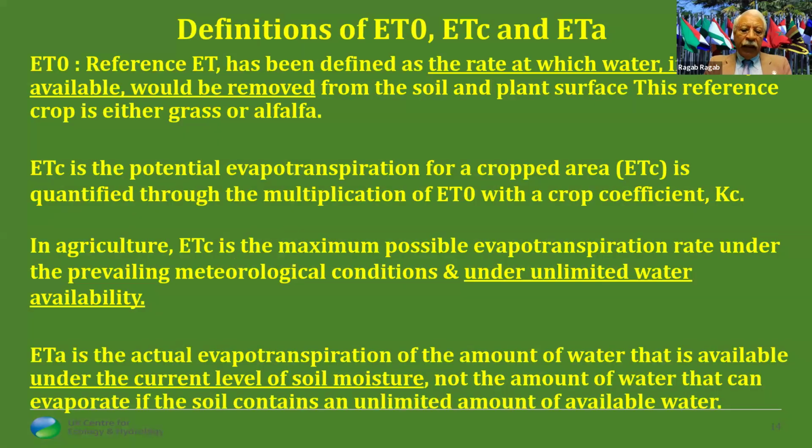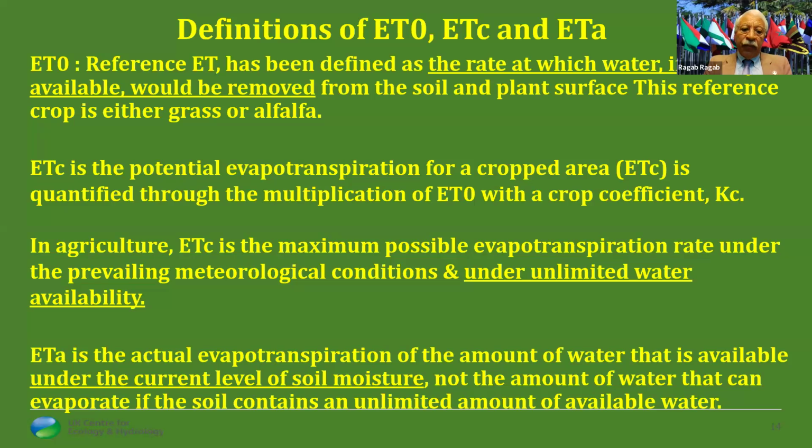So before I go into the evapotranspiration estimation, let us have these definitions in mind. We have the reference evapotranspiration, the crop evapotranspiration, and the actual evapotranspiration. The reference evapotranspiration has been defined as the rate at which water, if readily available, would be removed from the soil and plant surface.